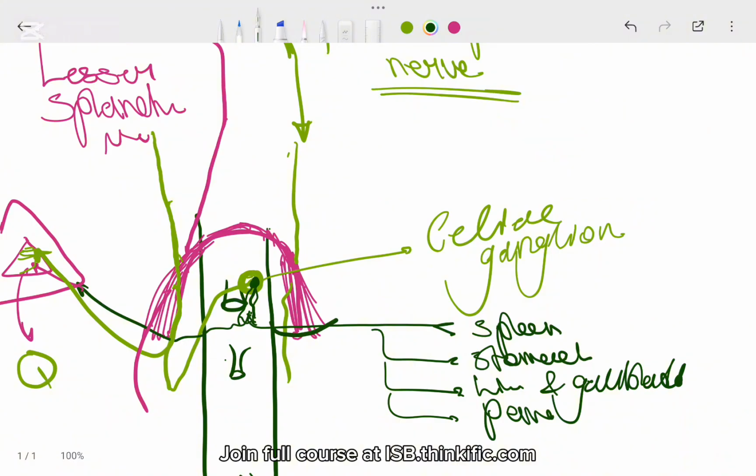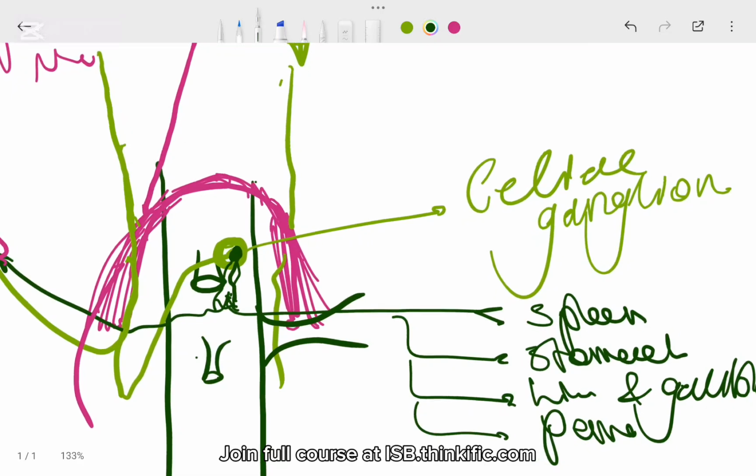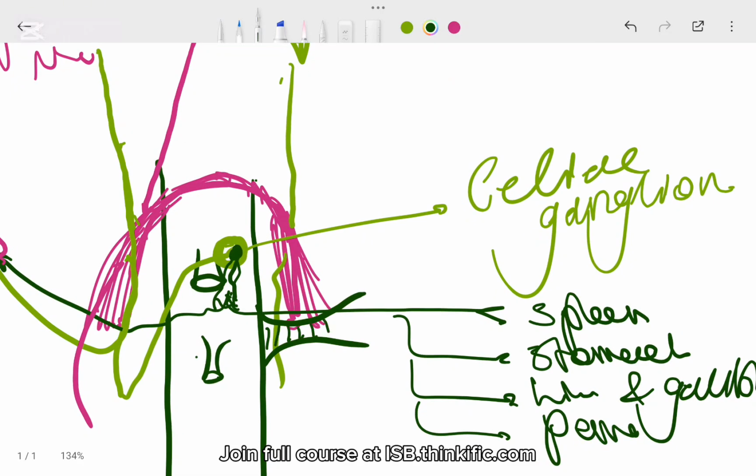You know that's the renal artery from the aorta, right? That's the renal artery over here. There's a ganglion between the renal artery and the aorta called the aorticorenal ganglion. This ganglion is called what, guys?